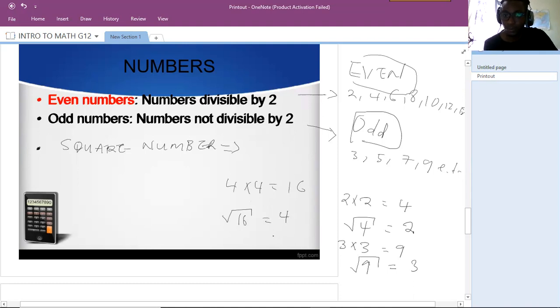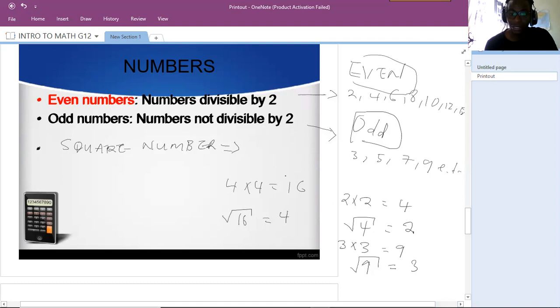And by the way, for the sake of quadratic equations, a square number has a positive answer and a negative answer. I'm repeating this again so that I don't have to repeat it again when we do quadratic equations. A square number has a positive number and a negative number.